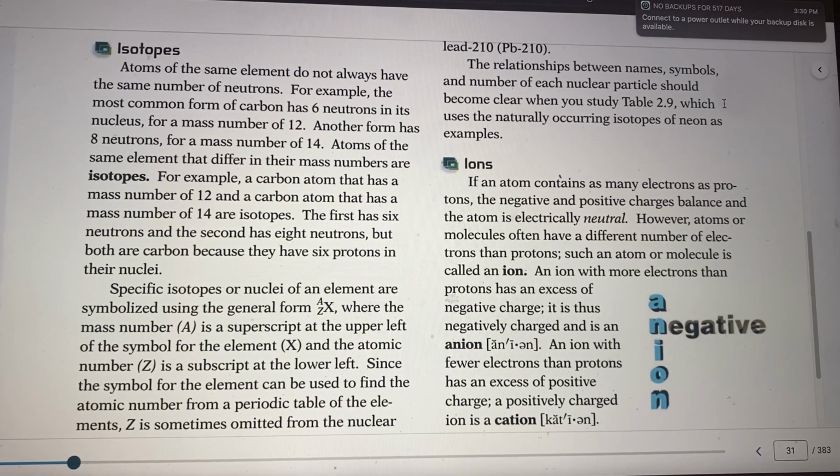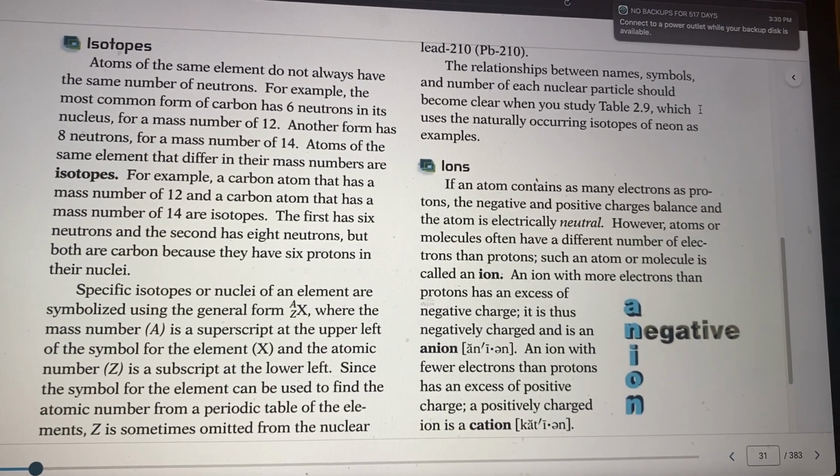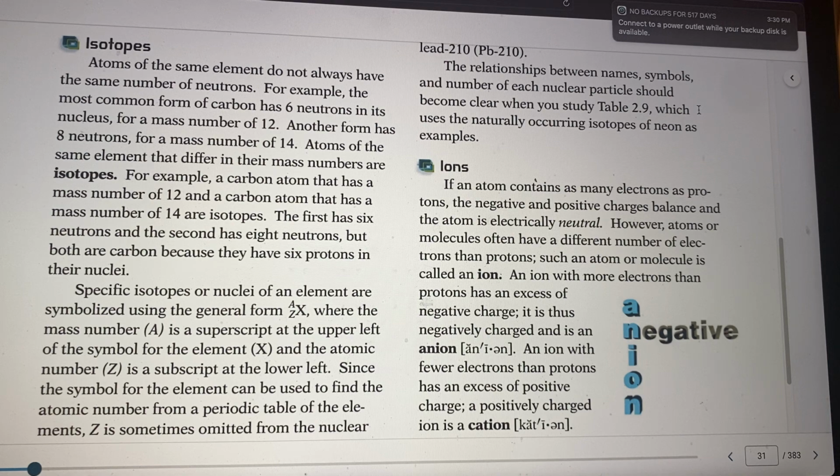So what are isotopes? Well, atoms of the same element do not always have the same number of neutrons. Now remember, if you have 12 protons, you are going to have a carbon atom, right? But a carbon atom may have 6 neutrons or it may have 8 neutrons.